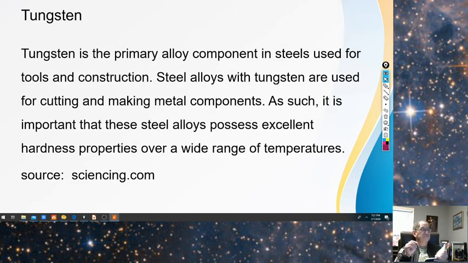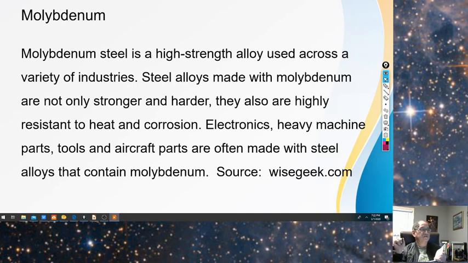Tungsten. Just the first line. Tungsten steel. Primary alloy component in steel is used for tools and construction. Know that. There's a lot more cool stuff here, but I can't expect you to remember everything. It's too much.